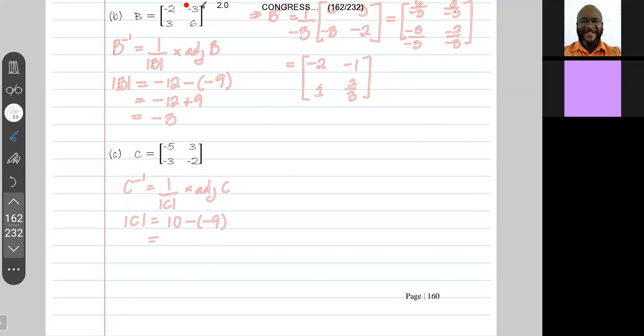So this is 10 plus 9, the determinant is 19.